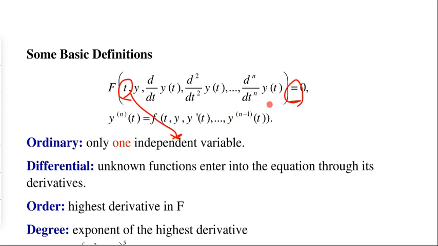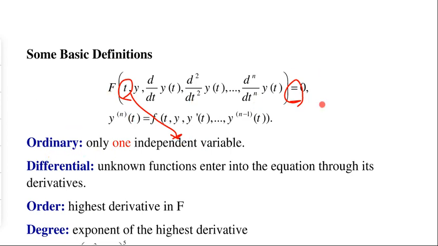This equation will be called a differential equation because we have our unknown function y and some derivatives of y with respect to our independent variable. So here we have an ordinary differential equation.